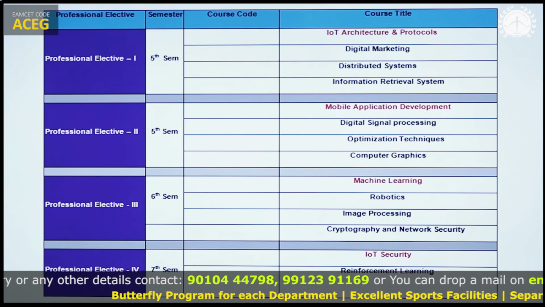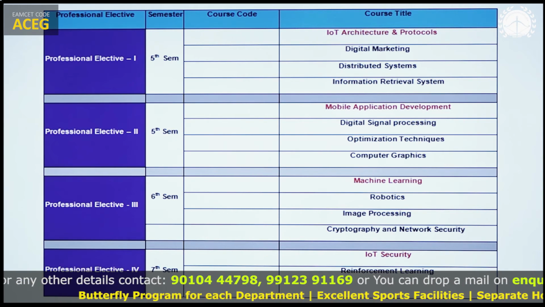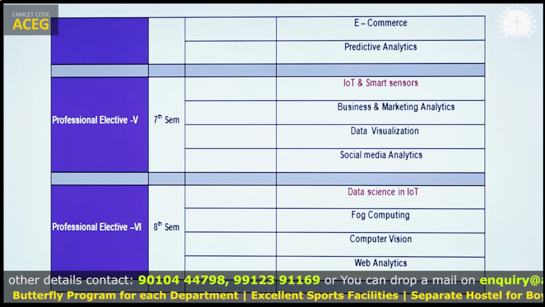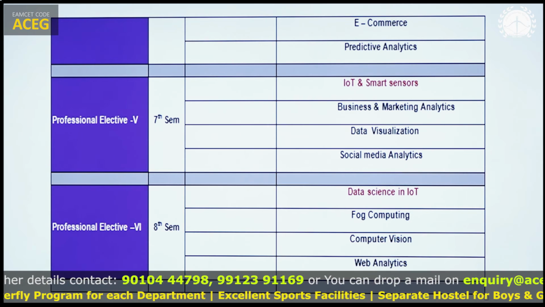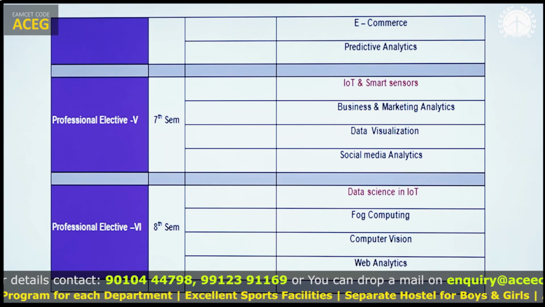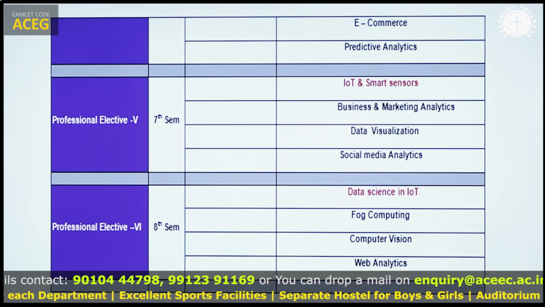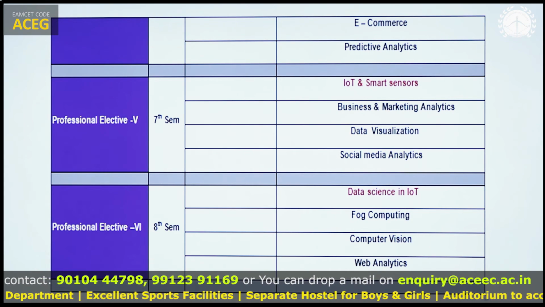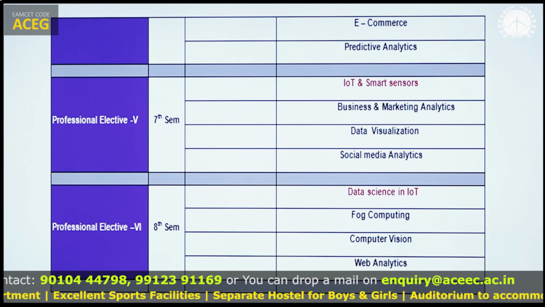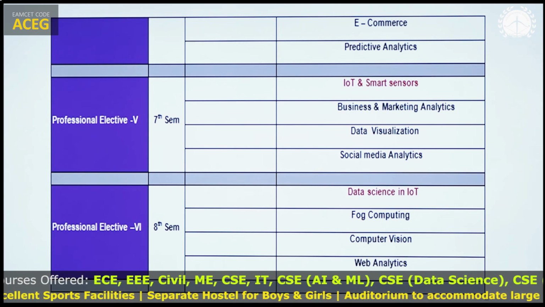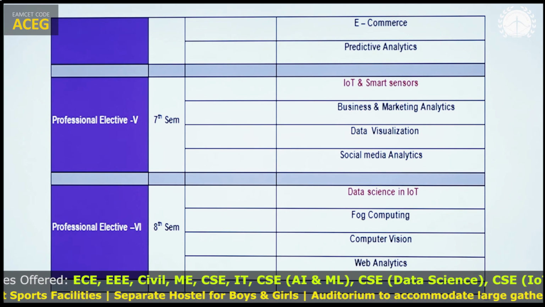Professional elective 4: IoT security, reinforcement learning, e-commerce, predictive analytics. Professional elective 5: IoT and sensors, business and market analytics, data visualization, social media analytics. Professional elective 6: data science in IoT, fog computing, computer vision and web analytics here.